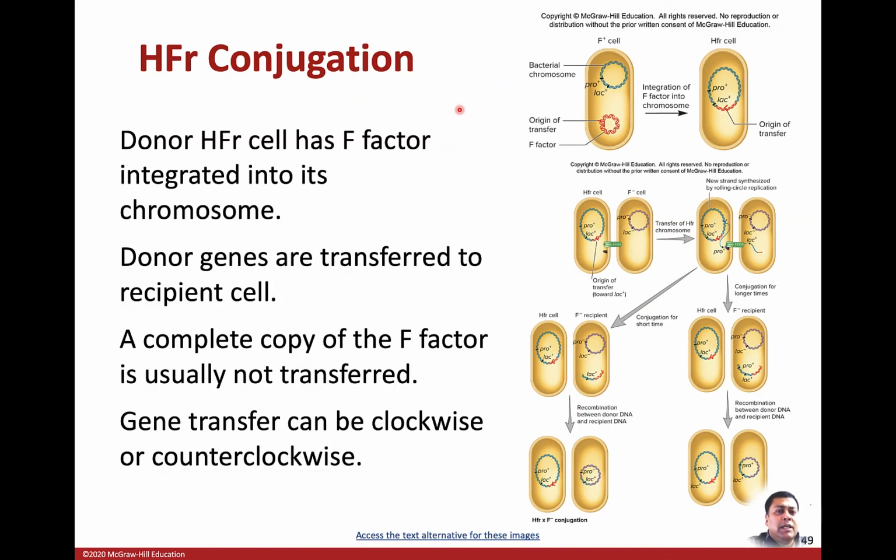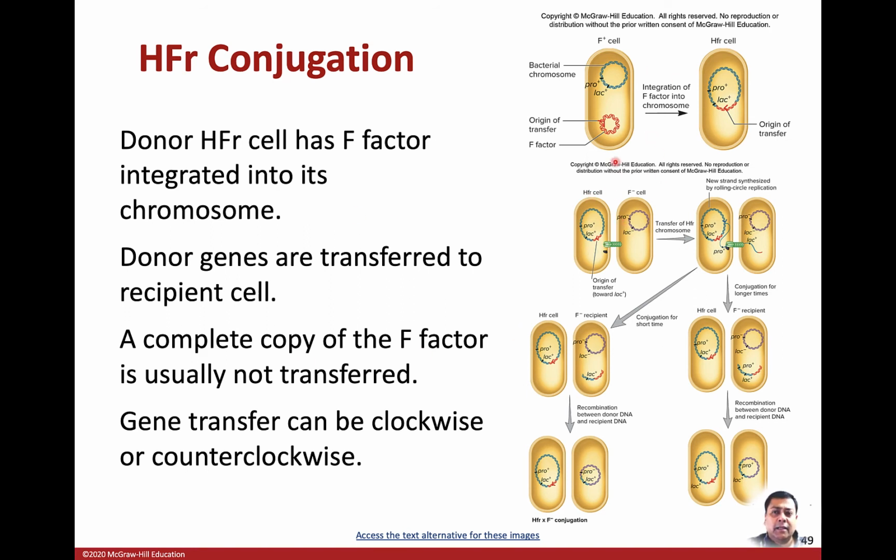Whereas in the HFR conjugation, the donor genes are going to get transferred to the recipient cells. A complete copy of the F factor is usually not transferred, and the genes can transfer either in a clockwise or counterclockwise direction. So mainly these high frequency recombination efficiencies depend upon how much time the bacteria stick together, because we are going to come back to that.